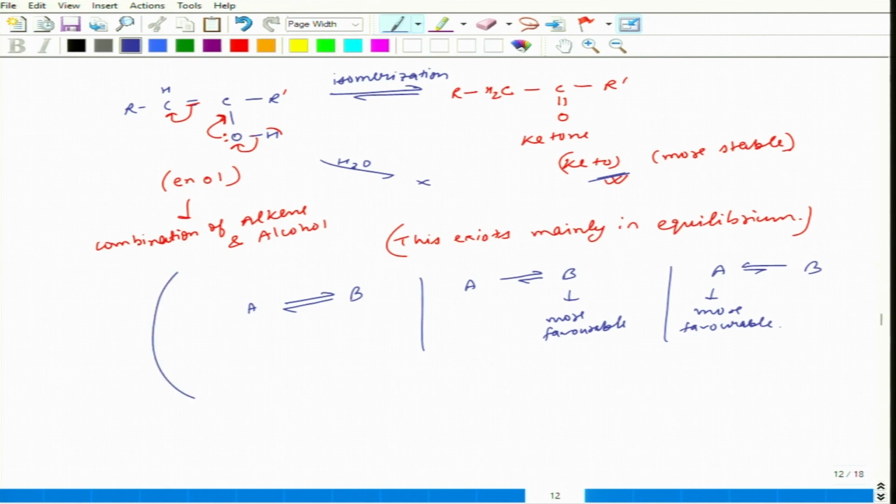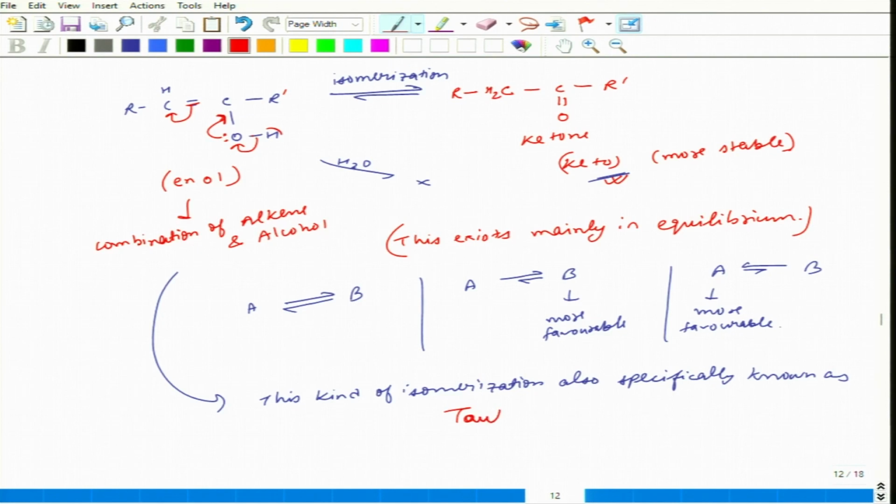There is a specific name for this kind of isomerization, that is called tautomerization.